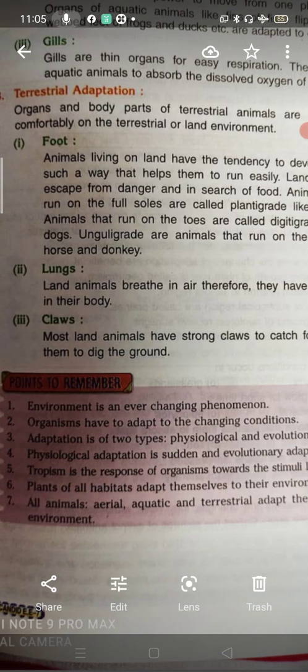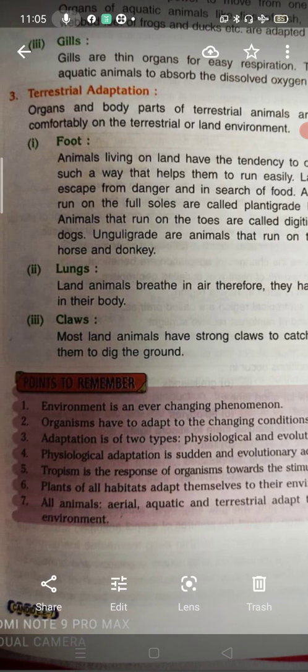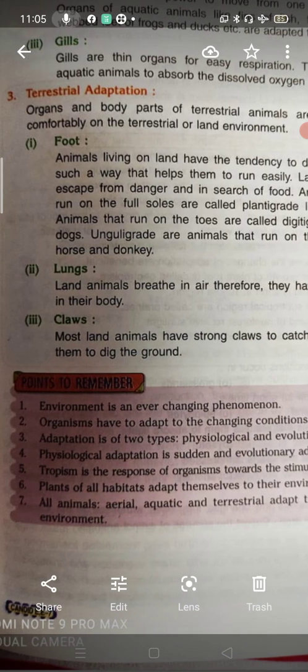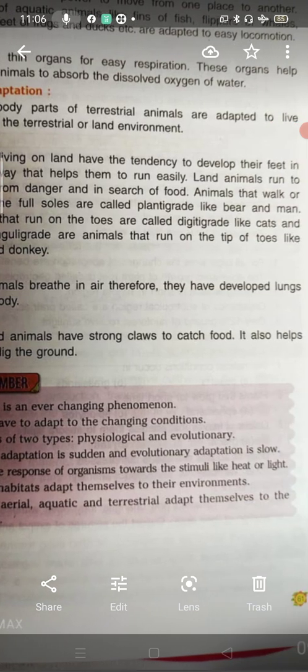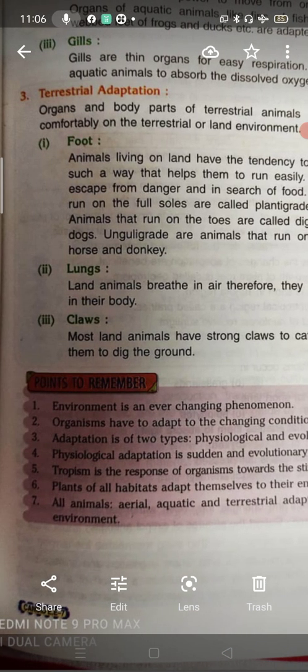Then plants, of all the habitats wherever they are, have adapted themselves to their environment. Then all animals, aerial, aquatic and terrestrial, have adapted themselves to the environment.